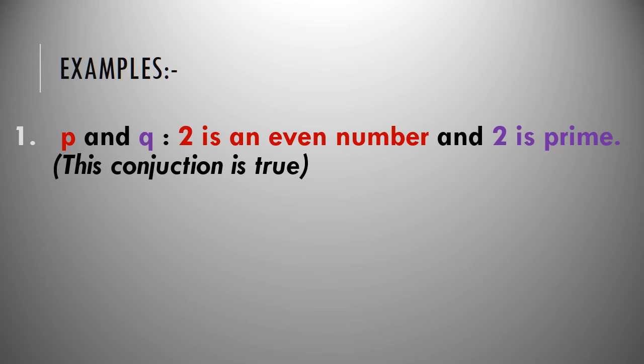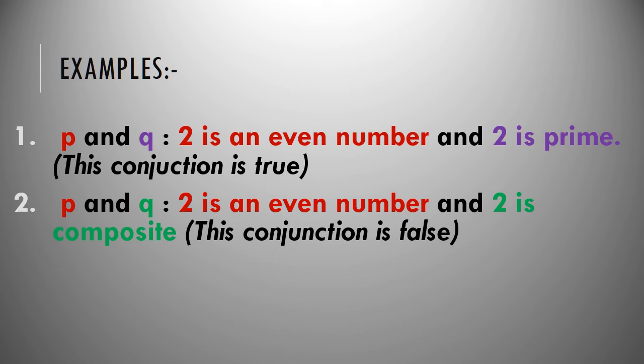Now the thing with AND is that it claims both the statements to be true. Now let's see an example in which one of the statements is false and one of them is true, and let's read it and understand what happens with its truth value. Here P I have kept again a true statement, and Q I changed to a false statement, 2 is composite.